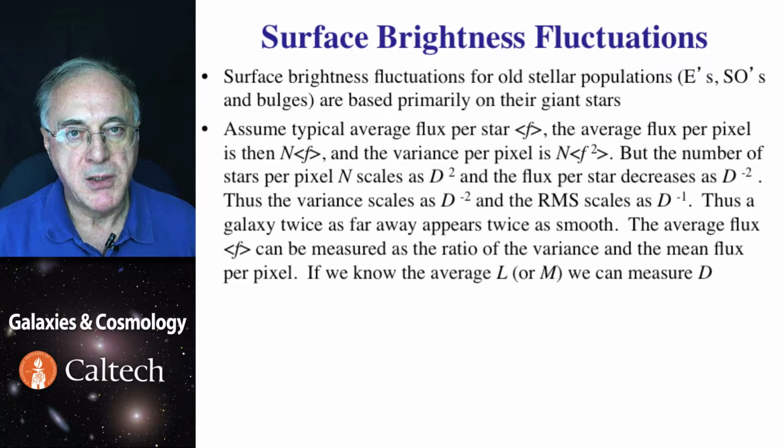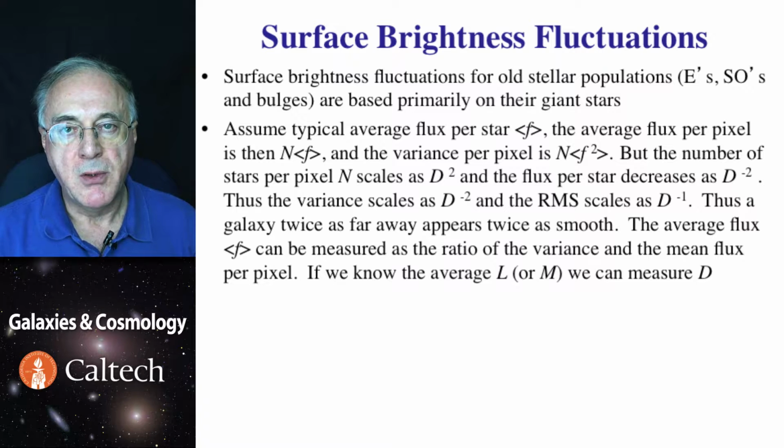For elliptical galaxies and bulges, most of the light comes from luminous red giants, and it's the fluctuations in the numbers of those red giants that will determine what's going on here. So if we have, say, stars that contribute most of the light, and their average flux is F, and the number of them in a pixel is n, then the total amount of flux from that pixel will be n times F, and the variance of that will be given by the square root of the number of stars.